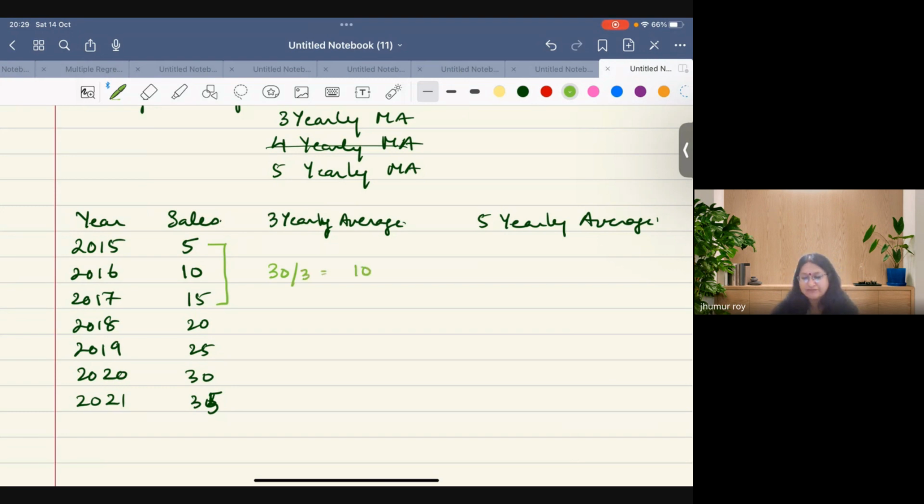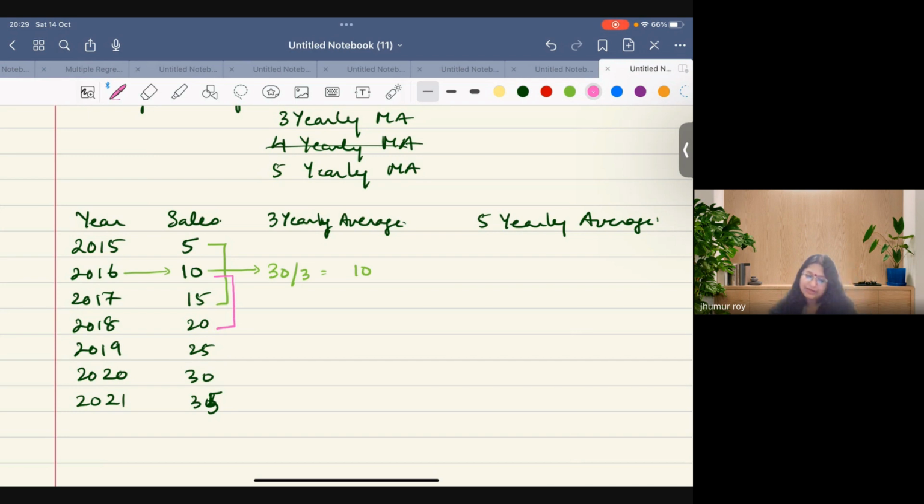The first average we write, and this is very important, see where I'm writing it. You have to take a centered value and write the value of the average. So this is the first average. Now, if you take a general average, you will take it from 20, 25, 30. But because it's a moving average, the next group I will take is 10 plus 15 plus 20.